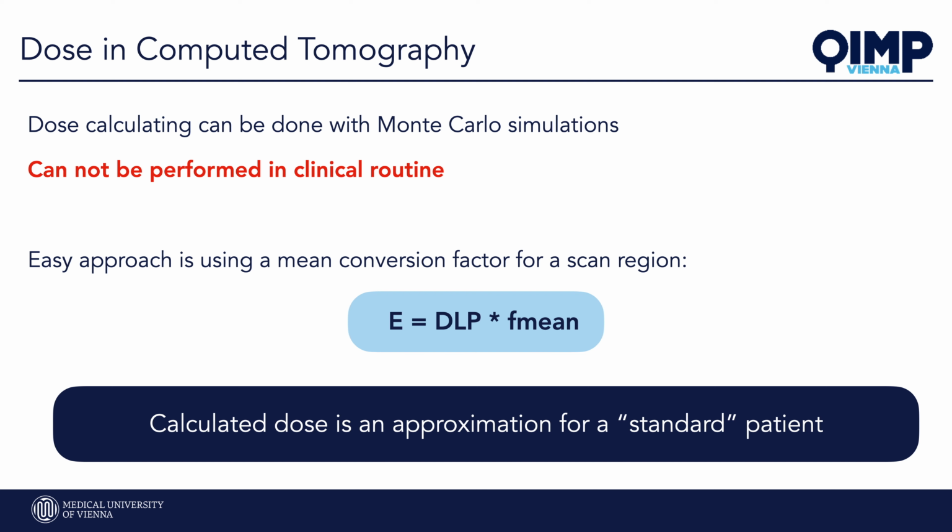A really easy approach is a mean conversion factor for a scan region, which can be expressed as the dose length product times the mean conversion factor, and this is frequently found in literature. We also need to mention in this case that the calculated dose is an approximation for a standard patient.